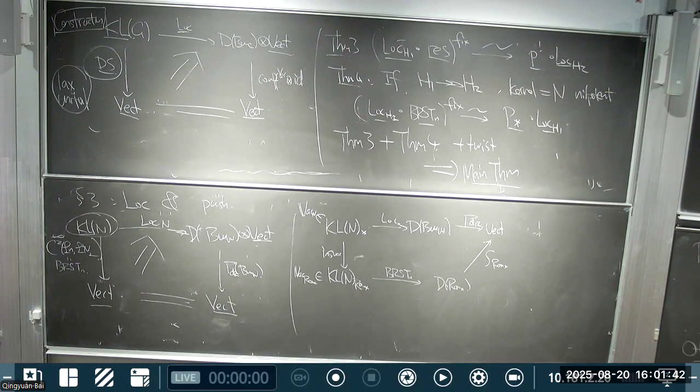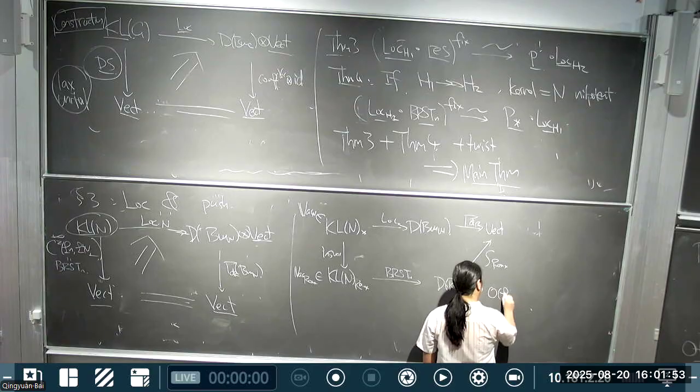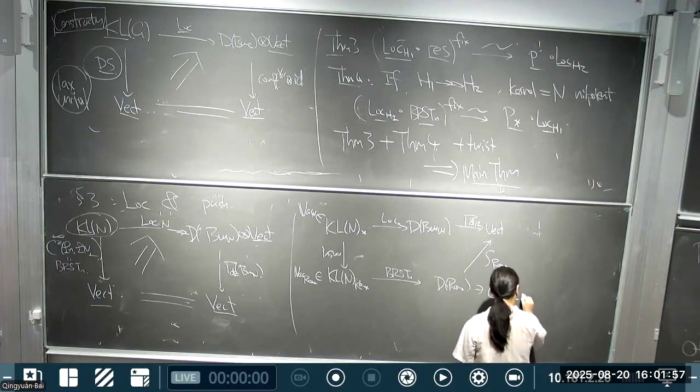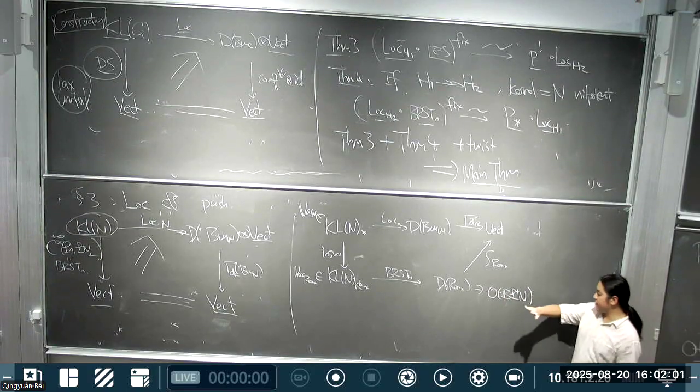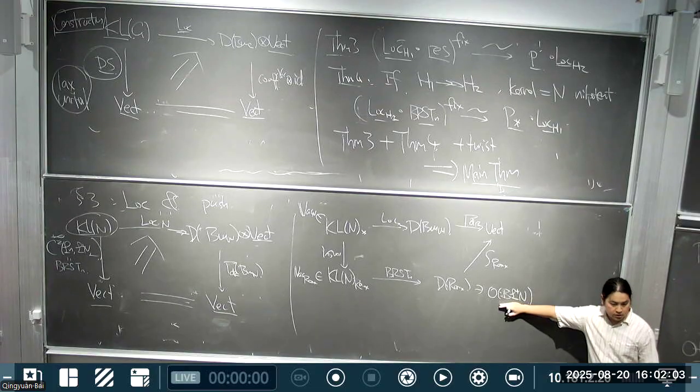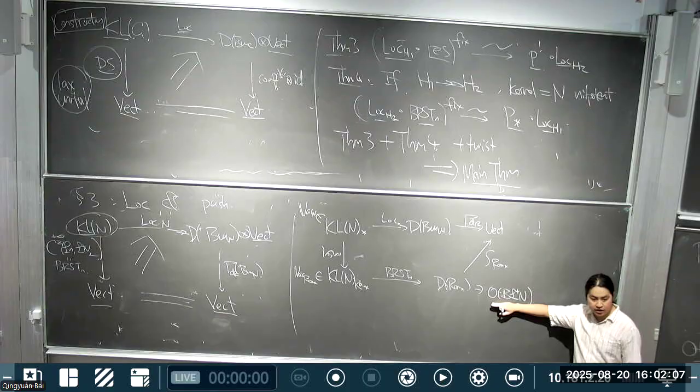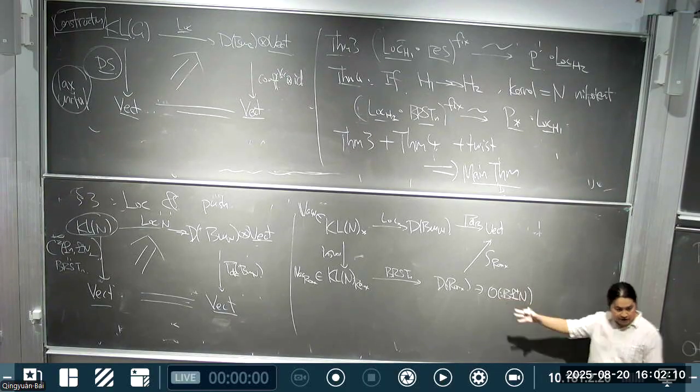You may wonder what's the result of this BRST, and I will tell you what it is. You consider this stack, the classifying stack of this arc group, and consider the structure global section of it, whatever this means.